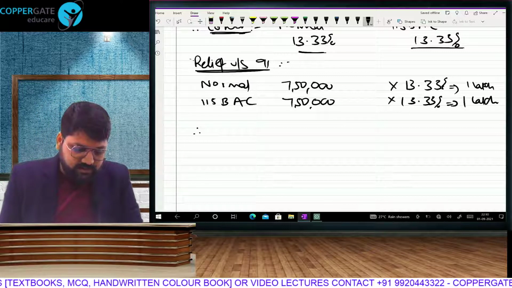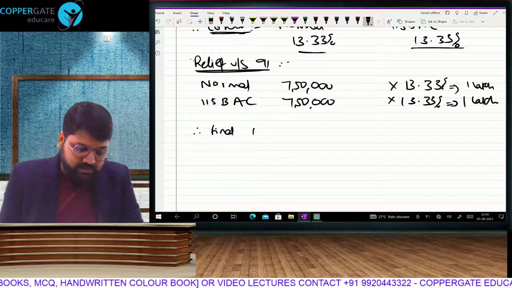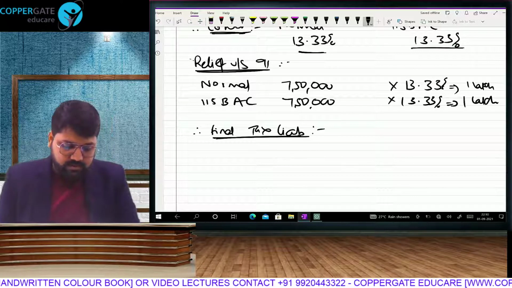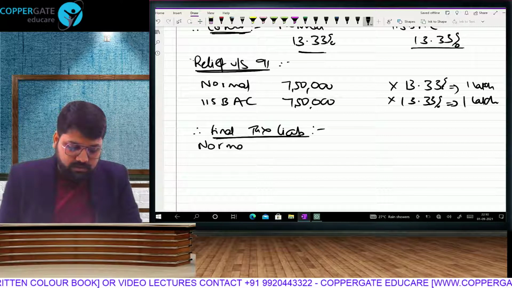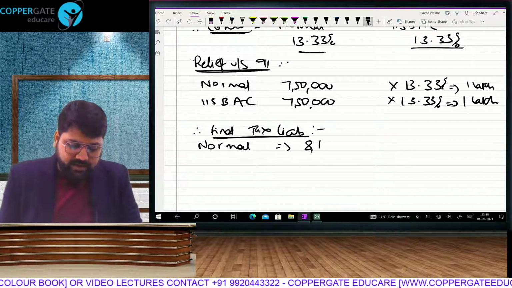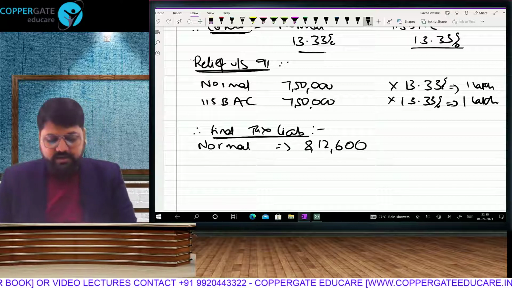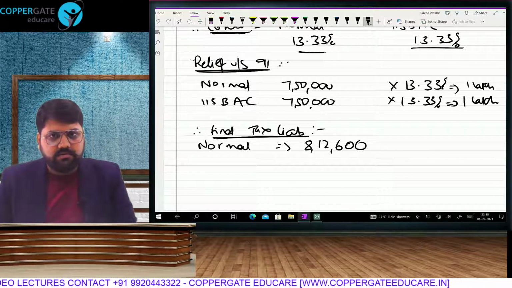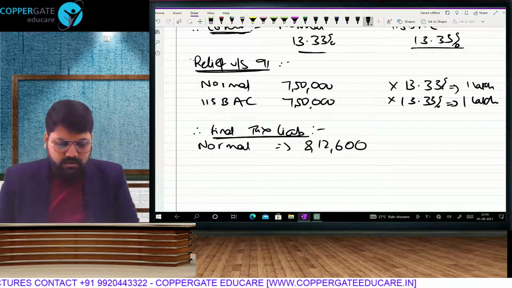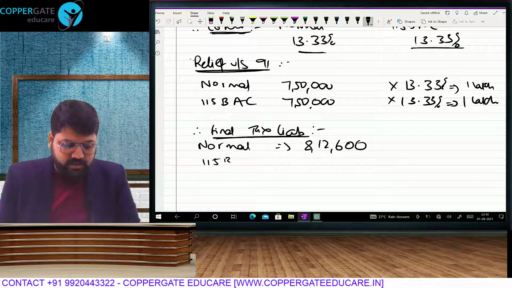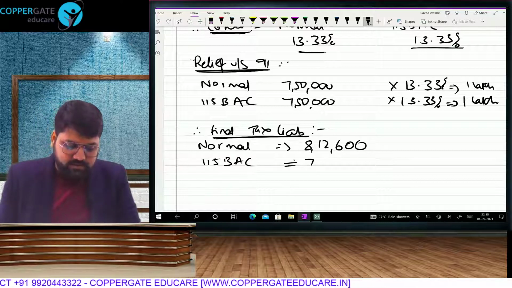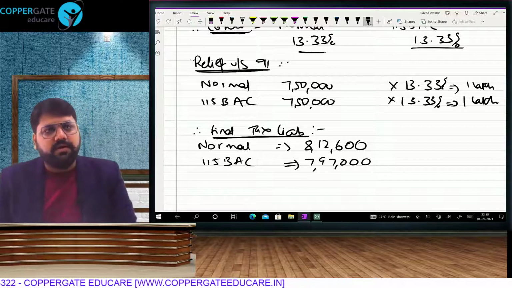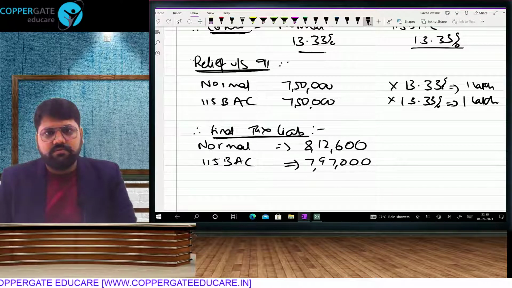And thus, if we are asked the final tax liability, as per normal, we were getting 9,12,600. Take relief of 1 lakh, you will get 8,12,600. And as per 115 BAC, you were getting 897. So this will become 797. The relief amount is the same only, no?